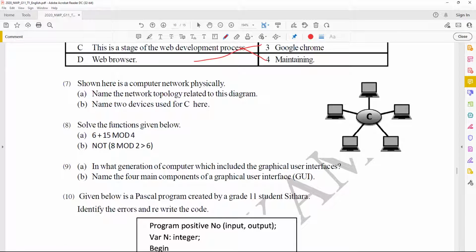Right. Question number 7. Name the network topology created in this diagram. Okay, so what is this diagram and what is the network topology of this diagram? Star. Yes. What is the reason?